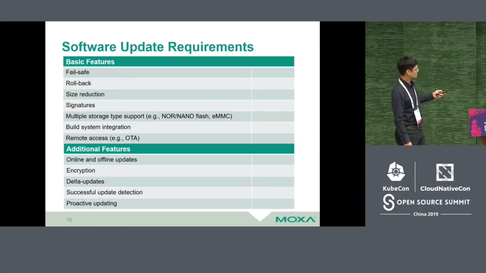I also list some software update requirements here. For basic features, we should have fail-safe, rollback, size reduction, signature, multiple storage support, system integration, and remote access. For additional features, such as online and offline updates, encryption, data updates, successful update detection, and proactive updating.